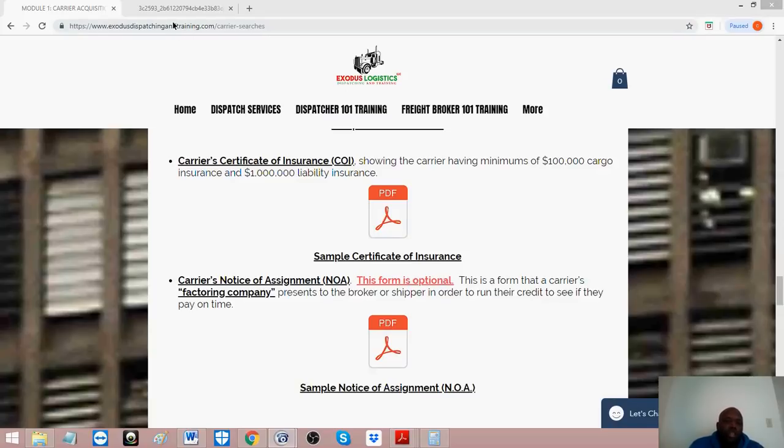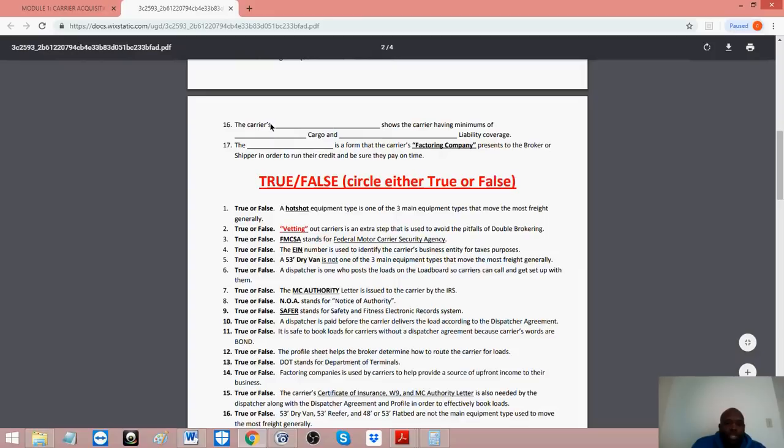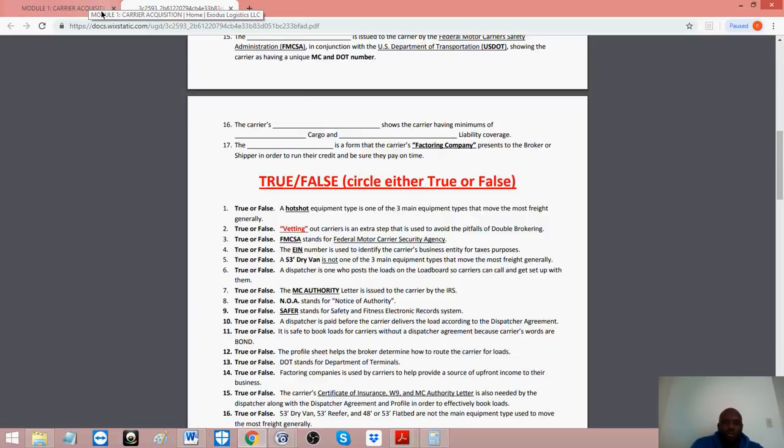So, Sergio, you answered part of the question correctly. Number 16, it is the carrier's COI, the certificate of insurance, showing the carrier has a minimum of $100,000 cargo and $1 million liability. Those are some of the minimum requirements that a large number of brokerages want to see carriers have on their insurances before they even decide to run them for a load, because they want to make sure that they're able to cover the cost of that freight in case it gets damaged and things like that. So that's the requirements.